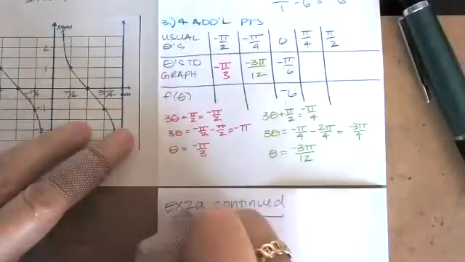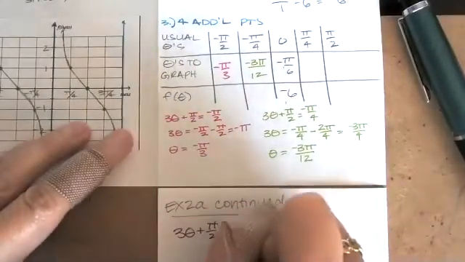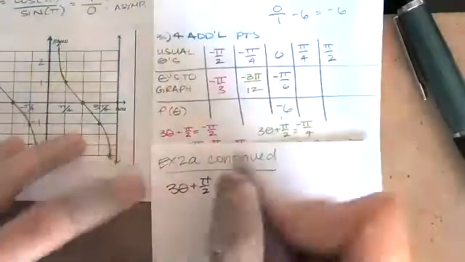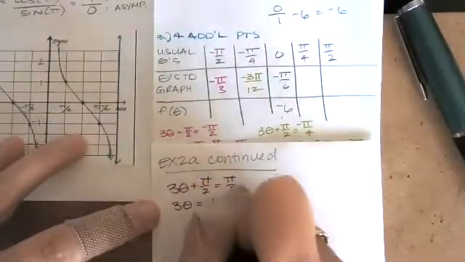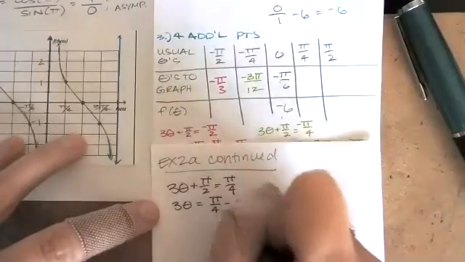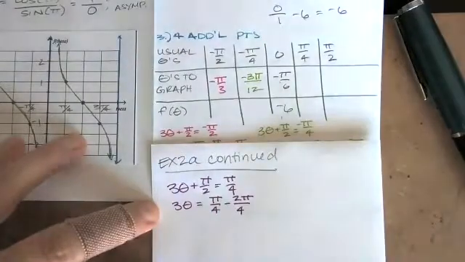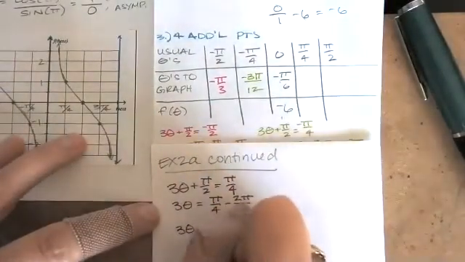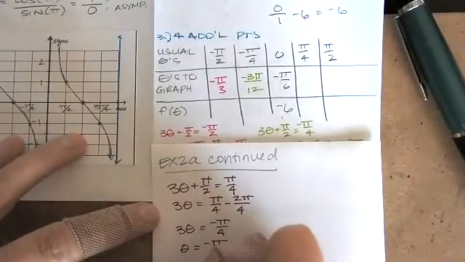We'll have 3 theta plus pi over 2 equals pi over 4. Again, we'll need common denominators. So 3 theta equals pi over 4 minus 2 pi over 4. So 3 theta equals negative pi over 4, and theta equals negative pi over 12.